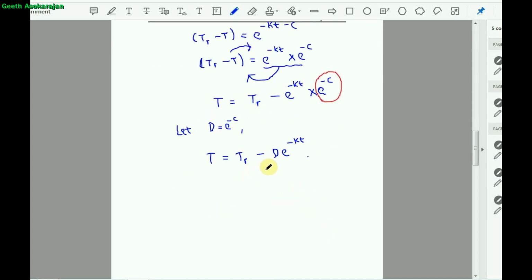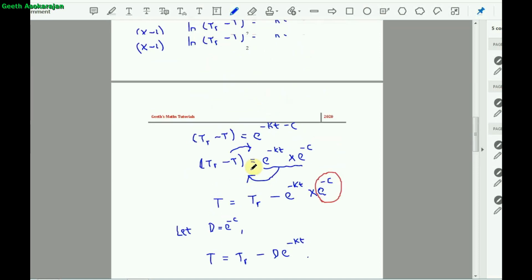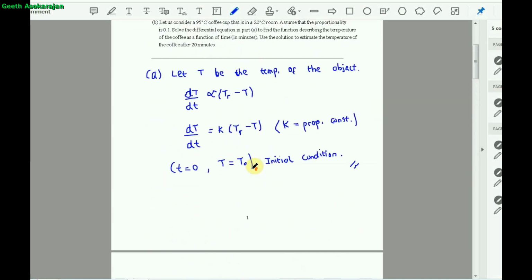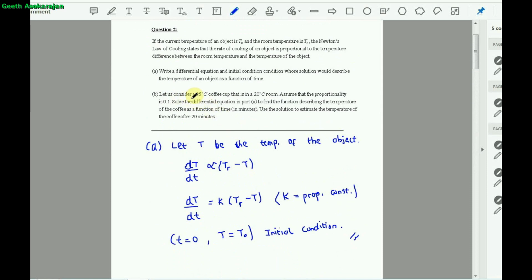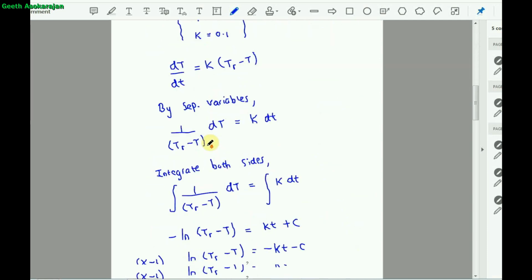Now let's calculate this constant D. Now if we go back to the question, we've been given the current temperature of the coffee as 95 degrees C, and the current temperature refers to the temperature at the time t equals 0.